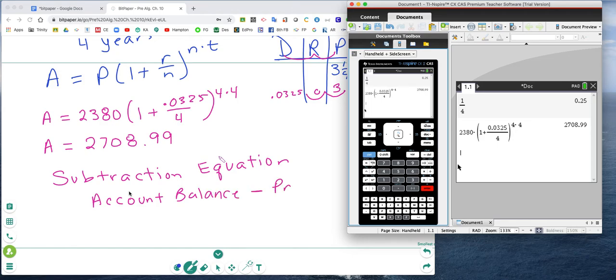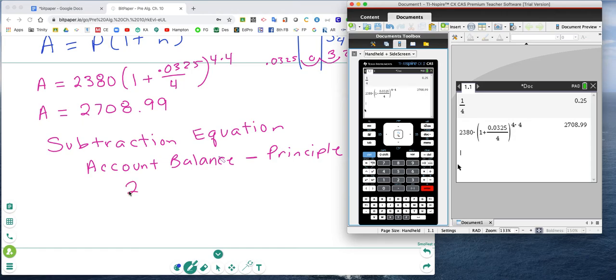minus the principal. So the account balance is 2708.99 minus 2380. So I'm going to go to my calculator and I'm going to do 2708.99 minus 2380 equals.